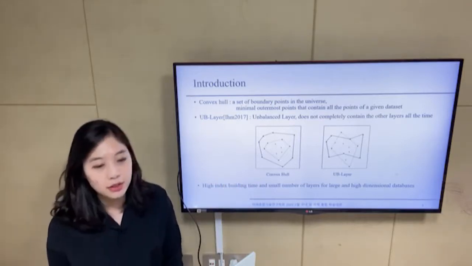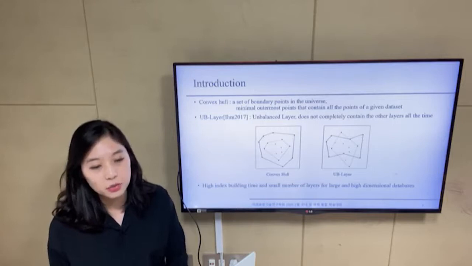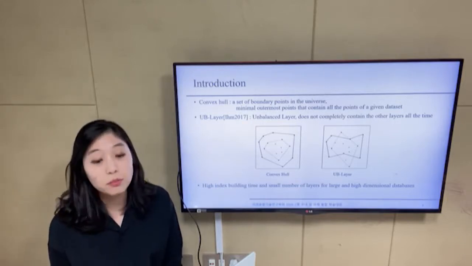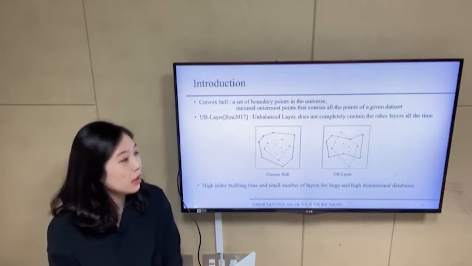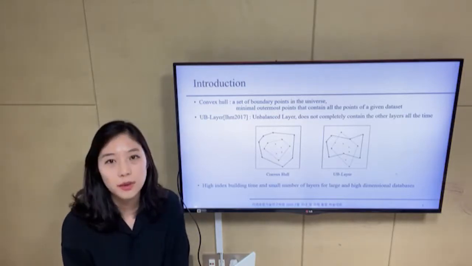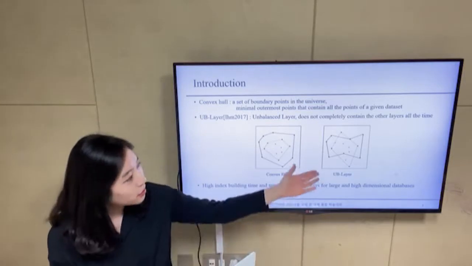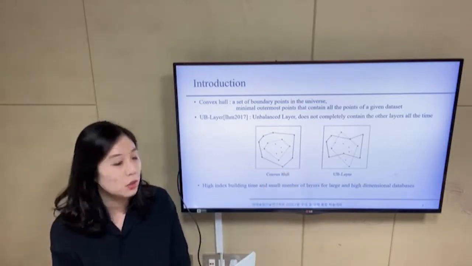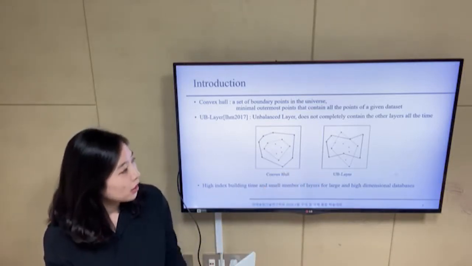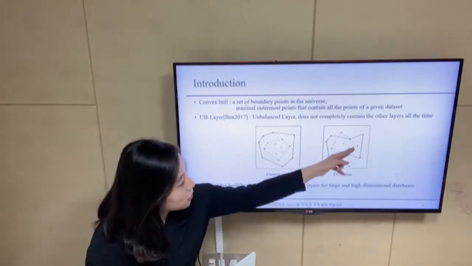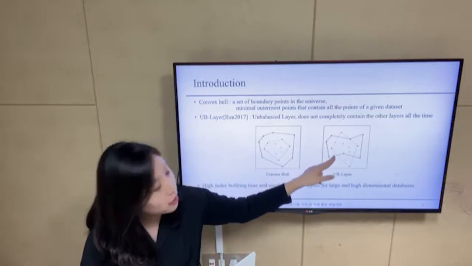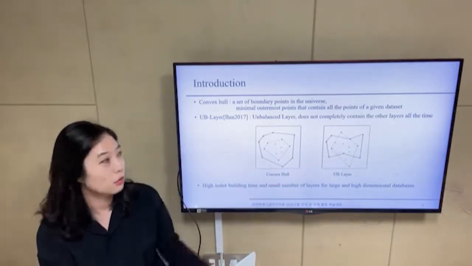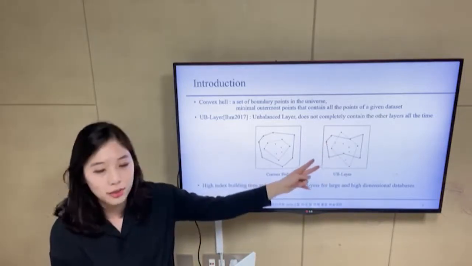However, UV layer constructs a layer list which does not completely contain the other layers all the time. It constructs an unbalanced shape, as you can see in the right one of the figure. So the first layer does not cover the second layer, so it looks like an unbalanced shape.